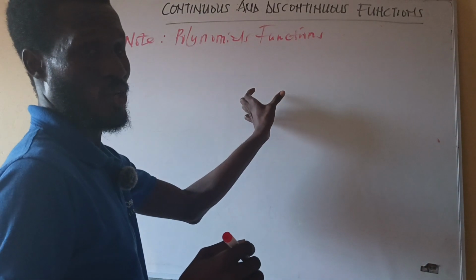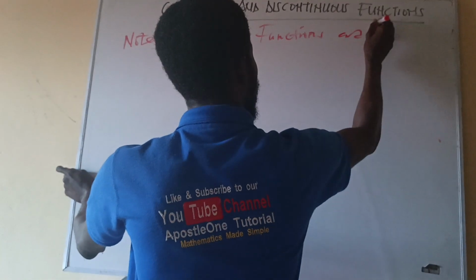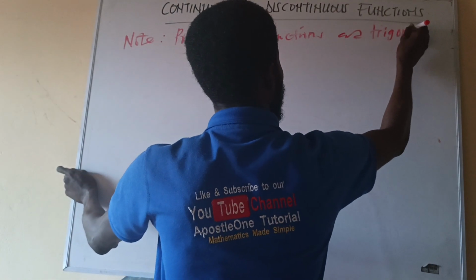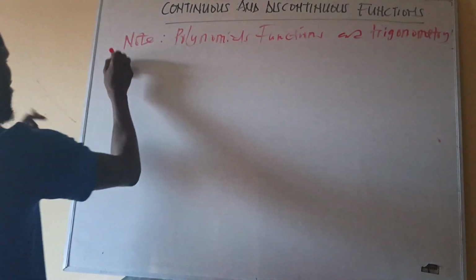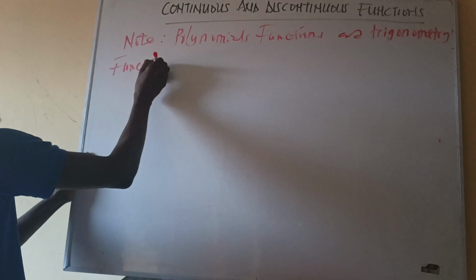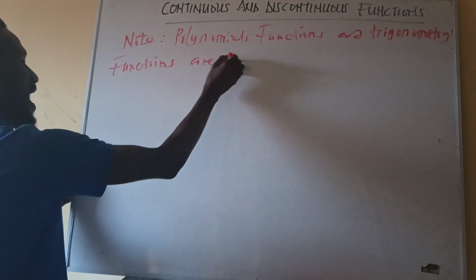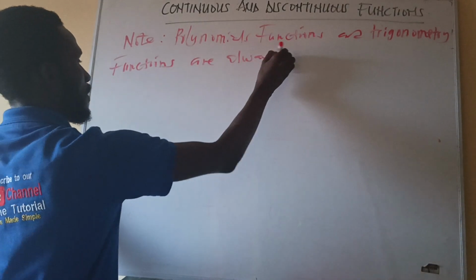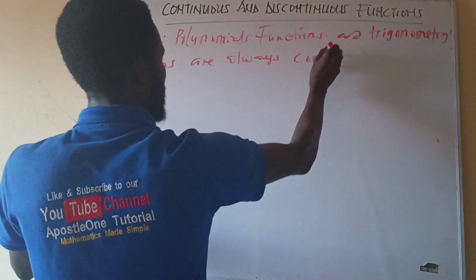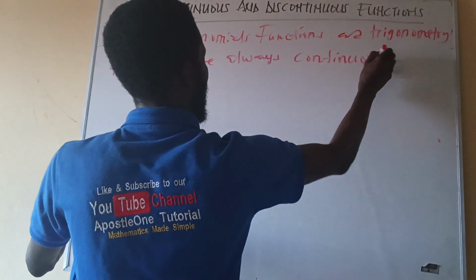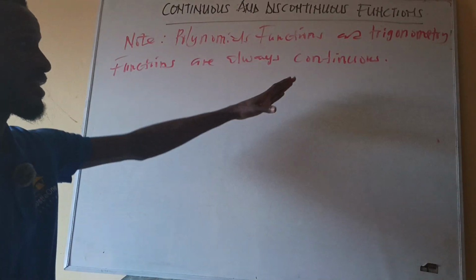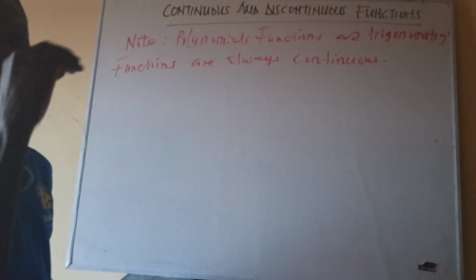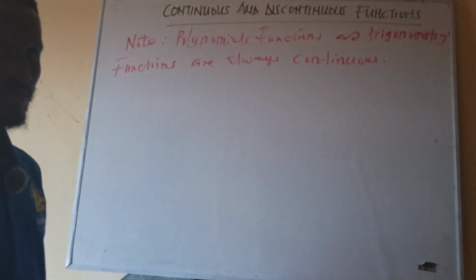It means I've combined all of them, and trigonometry functions are always continuous. Polynomial functions and trigonometry functions are always continuous. No matter the situation, they will still be continuous.